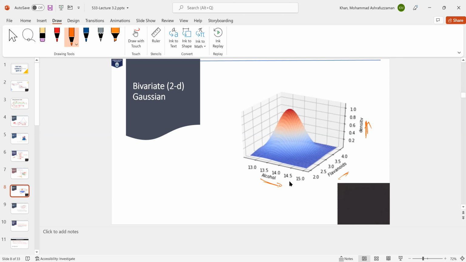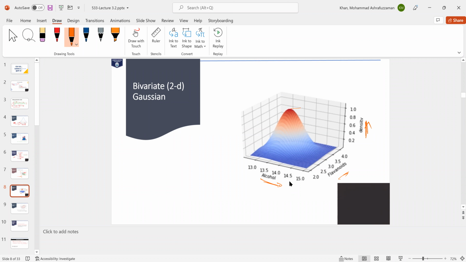For more than two features, we cannot, because if you use 3 features, then we really don't have access to show the density value. We can imagine inside our head, but there is no way we can draw it. Even interpreting this 2-dimensional plot is really hard because the values are hard to map.